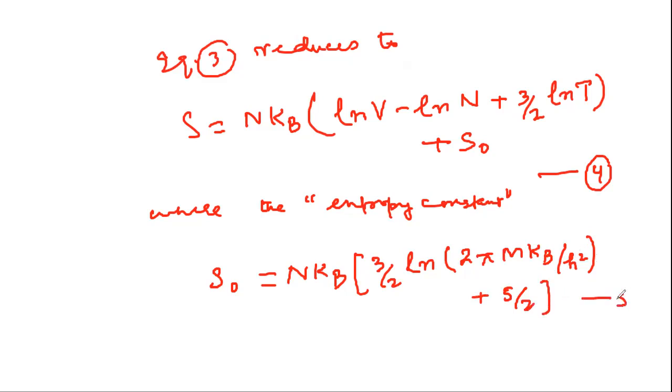Let me name it as equation 5. Let me check these equations. S is N kB times ln V minus ln N plus 3 by 2 ln T plus S naught, where this S naught entropy constant is N kB times 3 by 2 ln 2 pi m kB by h square plus 5 by 2.